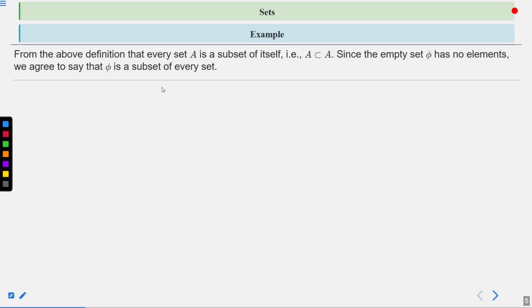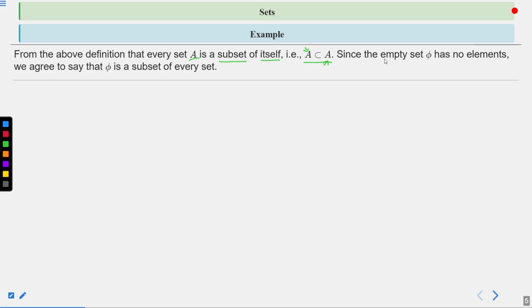Now, an example. From the definition we just saw, every set A is a subset of itself. Meaning we can write A is a subset of A. Why? Because from definition, every element from this set belongs to the set A. Clear?